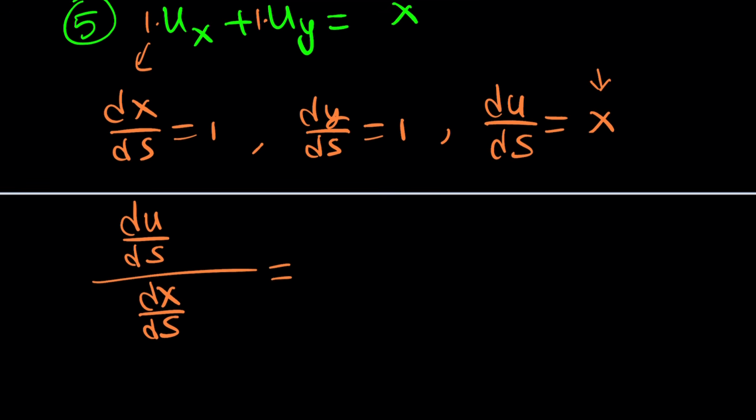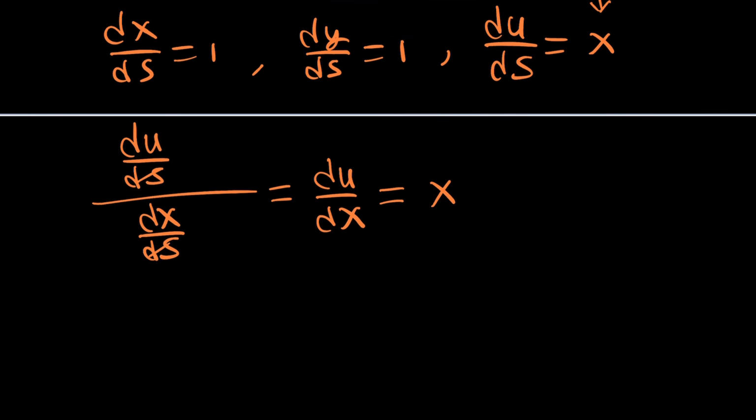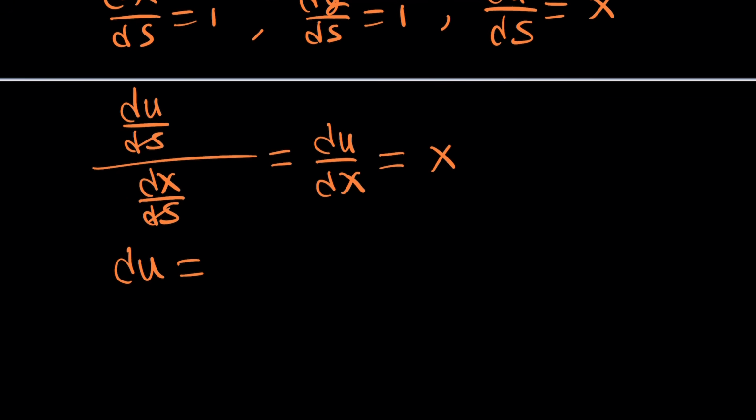So from the chain rule, the ds cancels out, and we get du over dx, which is really cool because remember, u is a function of x and y. If you can find something from here, that'll be super helpful. And of course, du over ds is x, so this is x divided by 1, which is x. Awesome. Now cross multiply, you get du equals x dx.